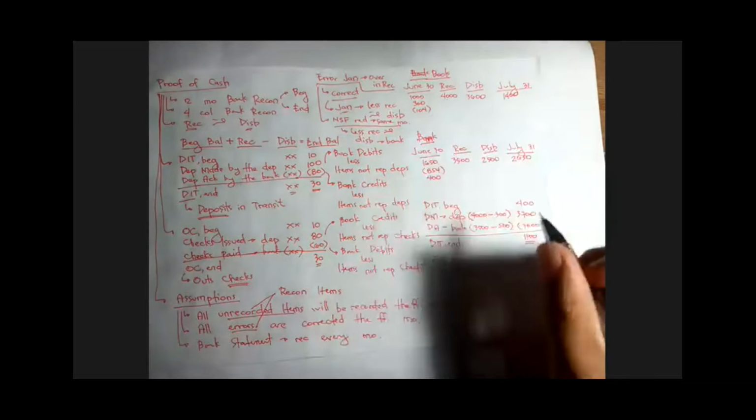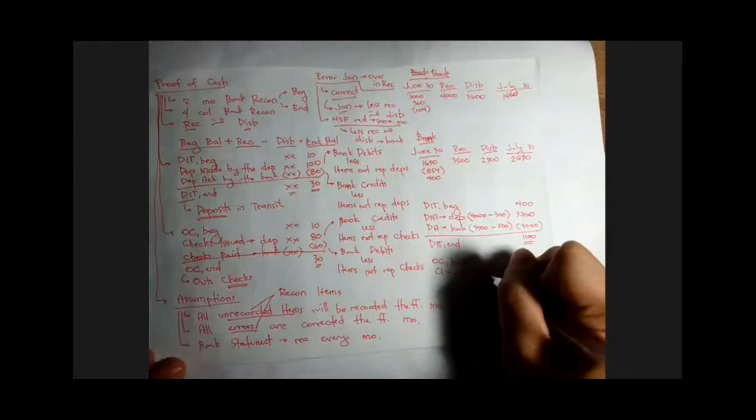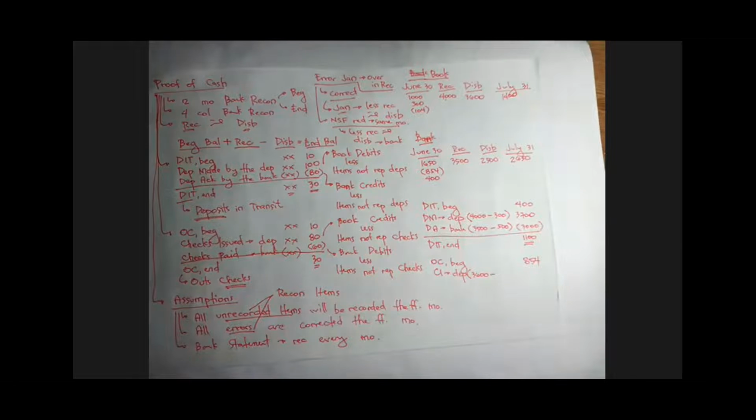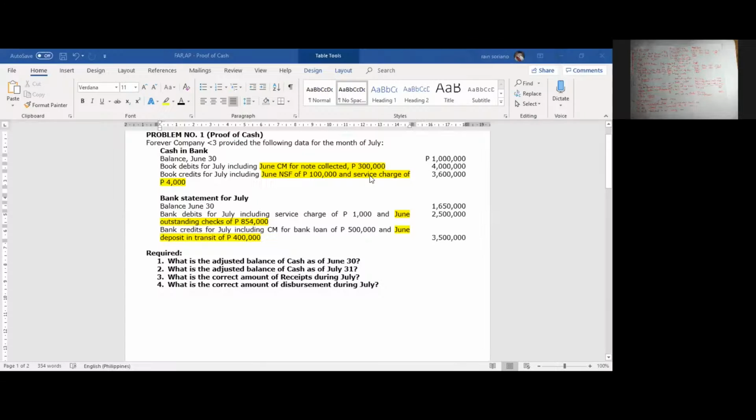Magkano yung book debits natin? That is 3.6. So, minus natin dito lahat ng items not representing checks. Going back to our share screen a while ago, anong sabi sa book credits natin? Book credits, may laman siya na 100,000 na NSF at service charge na 4.